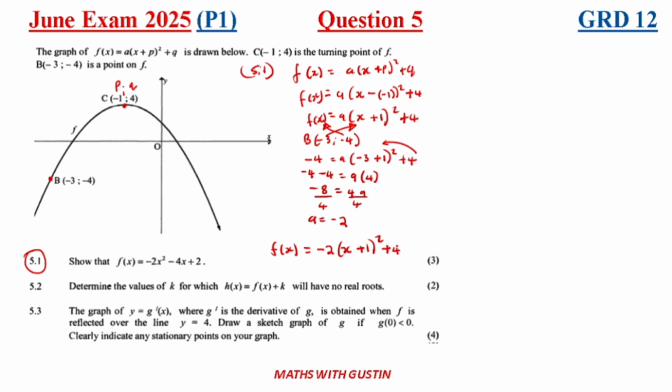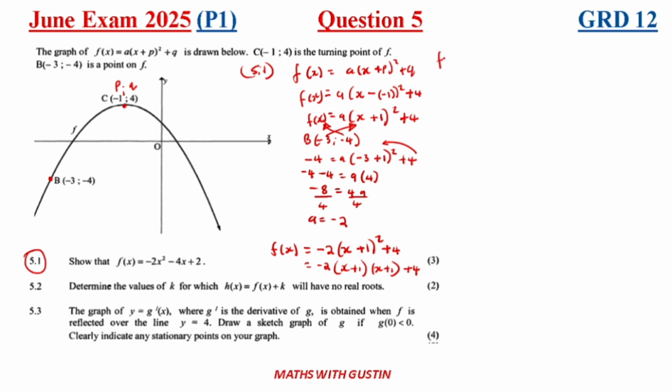The only thing that we need to do is to expand this and then simplify it to prove that it looks like that one. So what we do here, -2 is going to be (x plus 1) (x plus 1), and therefore plus 4.